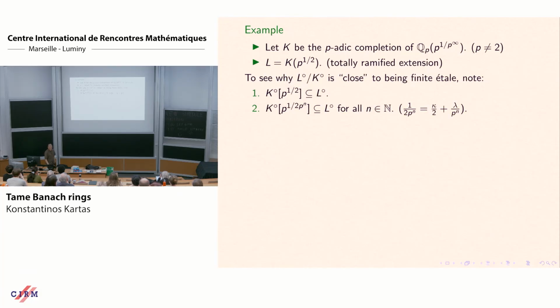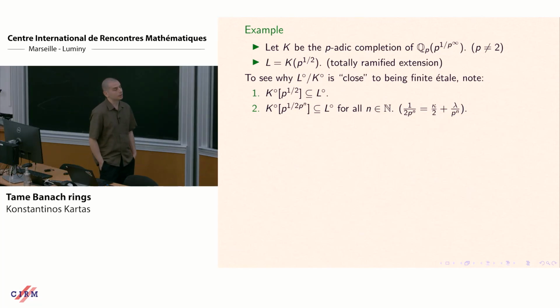The reason for this is just an elementary calculation from high school: if you take the fraction 1 over 2 times p^n, you can write it as some integer over 2 plus some other integer over p^n, which means that if you raise p to that power, you can express it as a product of elements which lie in that field. So p to the 1 over 2p^n is actually an element of L, and it obviously has positive valuation.